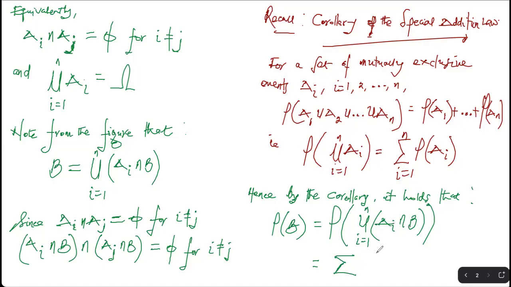So here it becomes the sum of the probability of the AI intersection B, summing from 1 up to n. And there you have it. This is the proof.